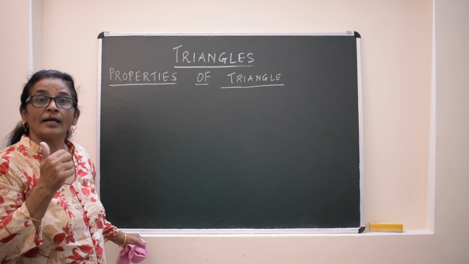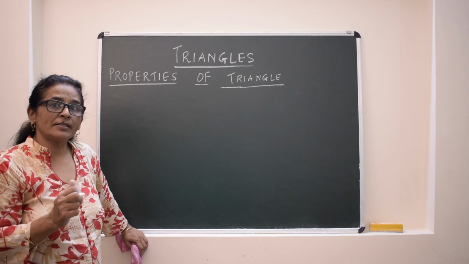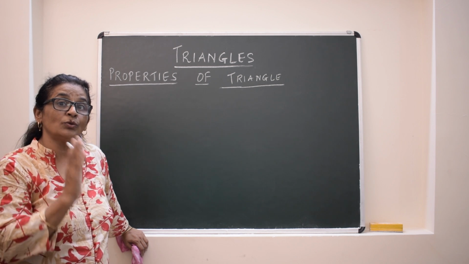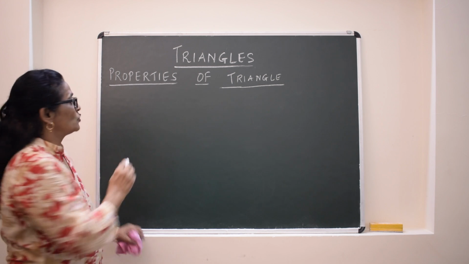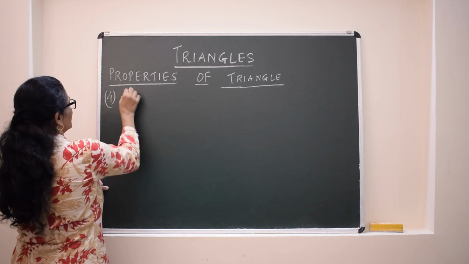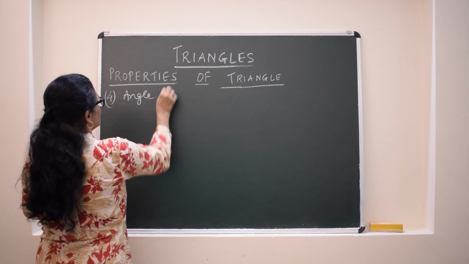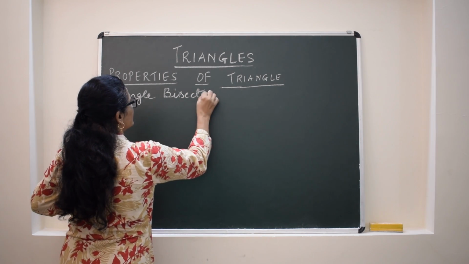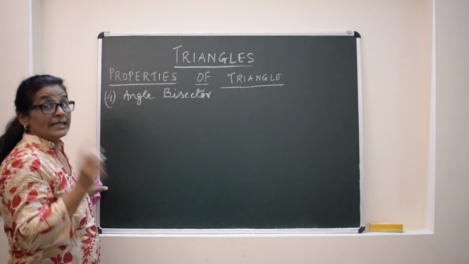So when we take an angle, the bisector is that line segment which divides an angle into two equal parts. So fourth is, first we will talk about angle bisector, then angle bisectors will give us incenter.